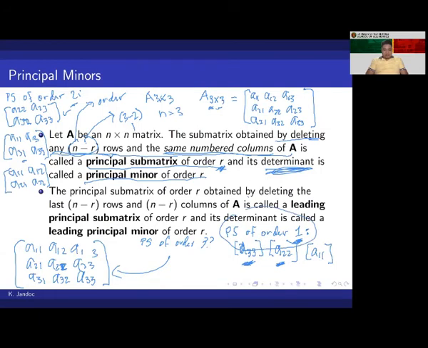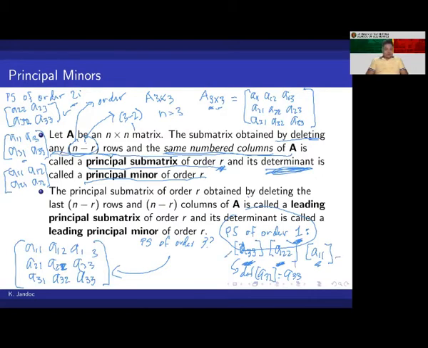The determinant of these matrices is the number itself. So for this matrix, the determinant of A33 is A33, and so on and so forth. So that's the principal minor associated with this matrix, and this matrix.